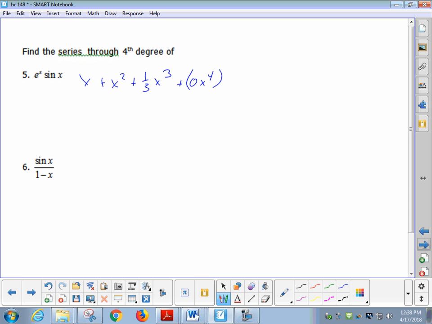Sine of x over 1 minus x, I actually treated this like multiplication, although it felt like division, and that was actually what I intended. It was actually multiplication. So x plus x squared plus 5/6 x cubed plus 5/6 x to the 4th.